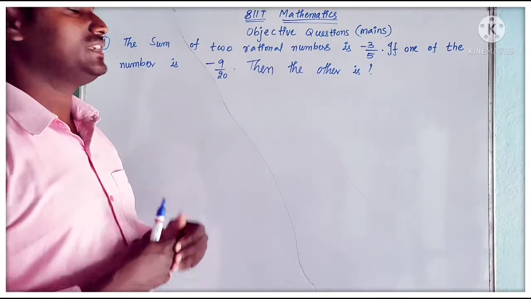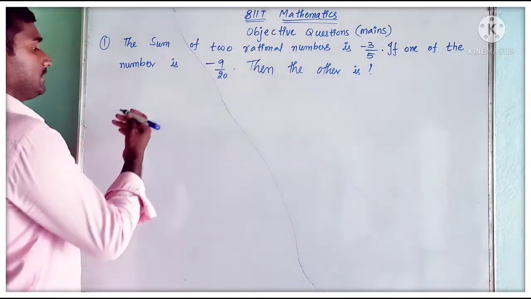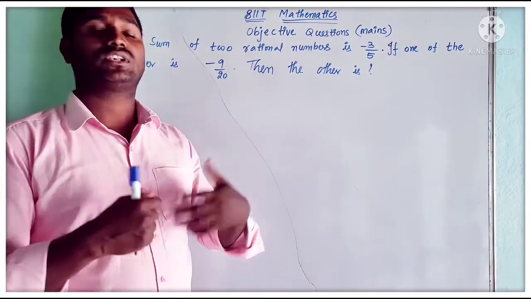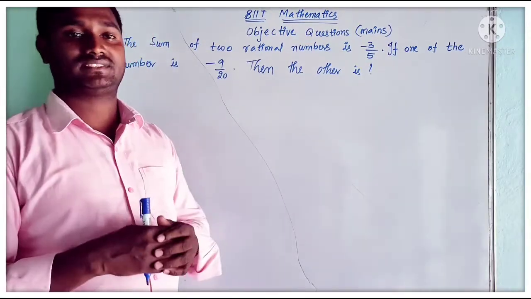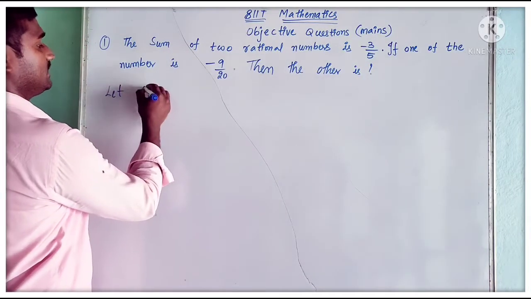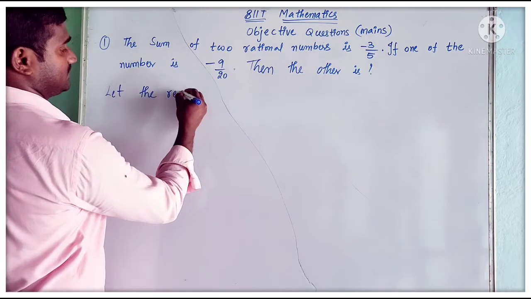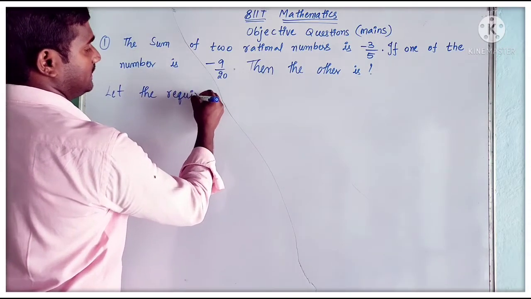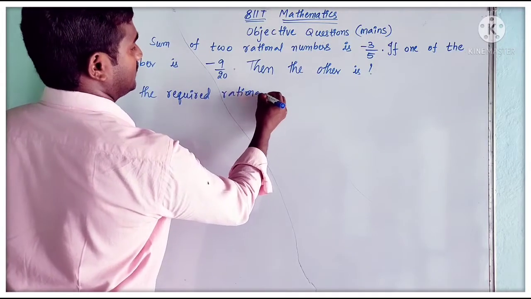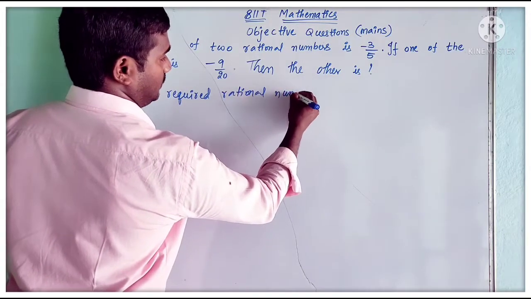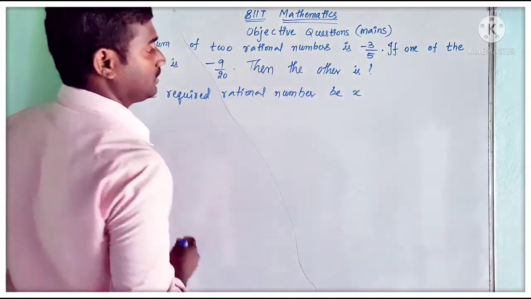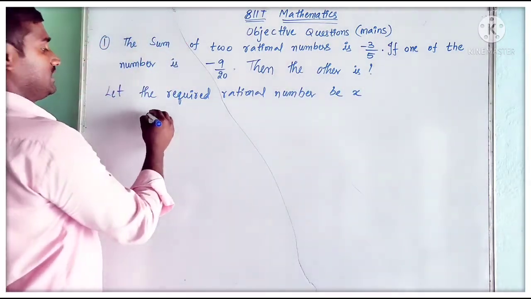We don't know the other rational number, so let us assume that the required rational number be x.